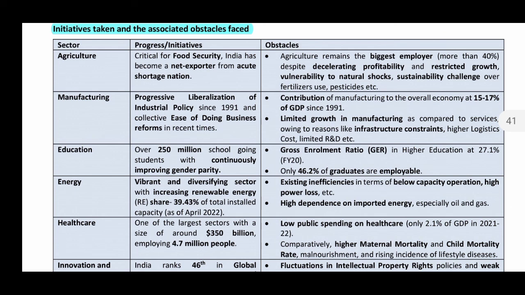Then next is manufacturing. Due to the liberalization of the economy in 1991, foreign investment in the country increased, because restrictions were removed and rules and regulations were made easy for foreign companies. It also increased employment opportunities.